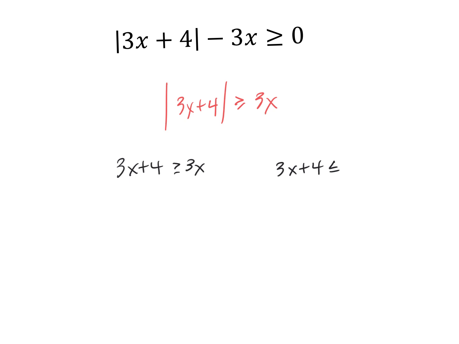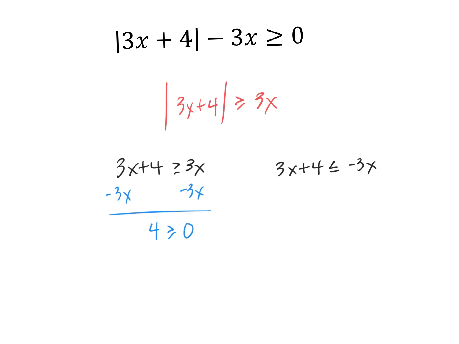Flip it. What would I do to my 3x? Let's go solve. What the heck? If I subtract 3x, what do we have? 4 is greater than or equal to 0. Is that a true statement? That's a true statement. So that kind of means infinite solutions right now. When they're true, we're good with it.